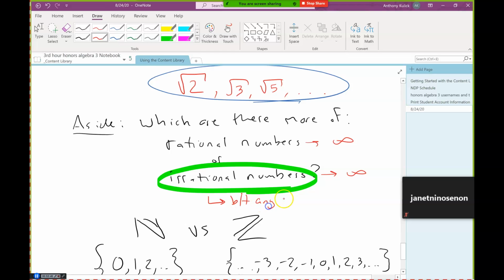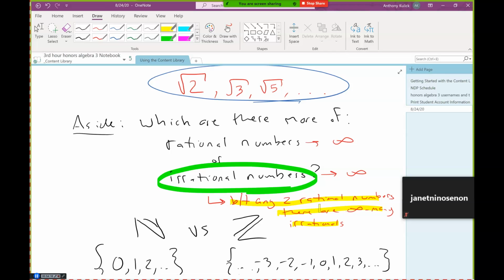Between any two rational numbers, there are infinitely many irrationals. Now, we're not going to prove this because it's actually extremely difficult to prove and way beyond the scope of this class.